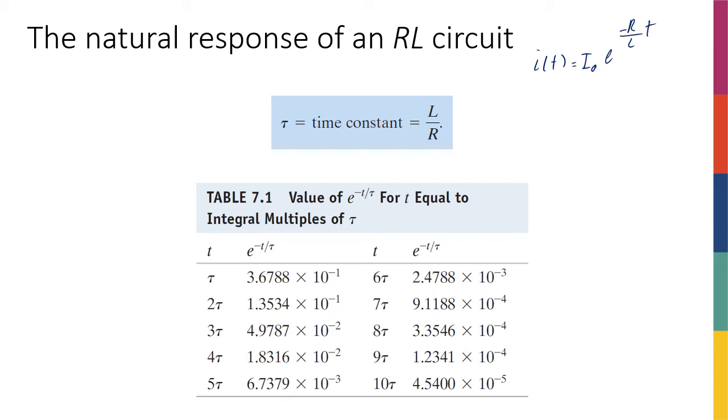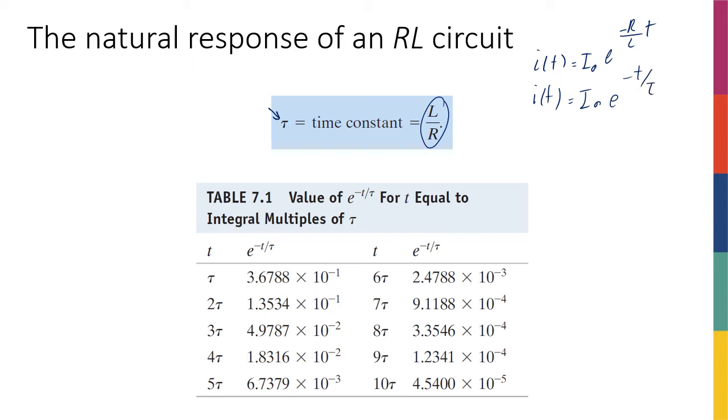Now let's define tau here as a time constant. We're going to call it the time constant, and we're going to define it as L over R. So here we had R over L, we're going to define this as 1 over tau. So I can rewrite i of t as I naught e to the power of negative t over tau, right?